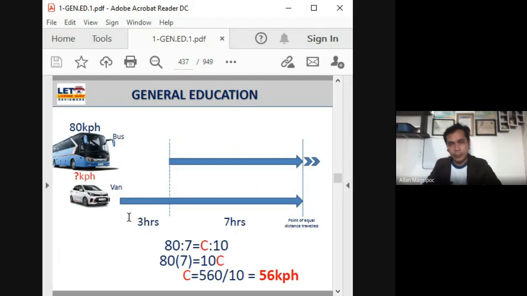The total number of hours of the van's travel before it was overtaken is 10 hours. So we get 80 is to 7 is equal to C is to 10. 80 is to 7 is for the bus. C is to 10 is for the van. So 80 times 7 is equal to 10C, or C is equal to 560 divided by 10, we get 56 kilometers per hour.